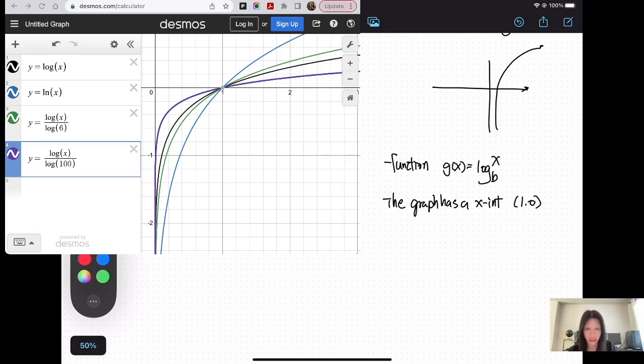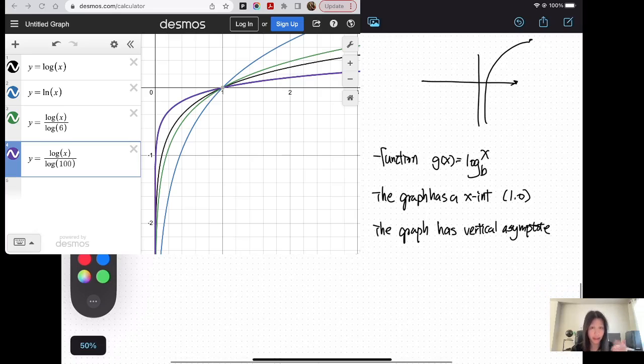The graph also has a vertical asymptote, which is the y-axis, when x equals 0.